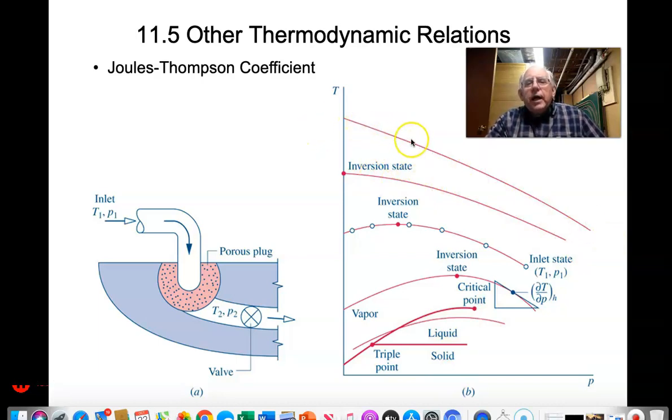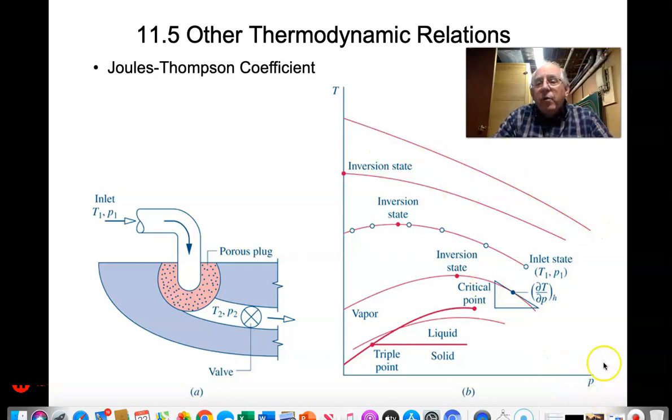And so for this line right here, obviously as the pressure drops, the temperature drops, and so on. However, there are some situations where, I think I misspoke there, as we see in this particular case, as the pressure goes up, the temperature goes down.